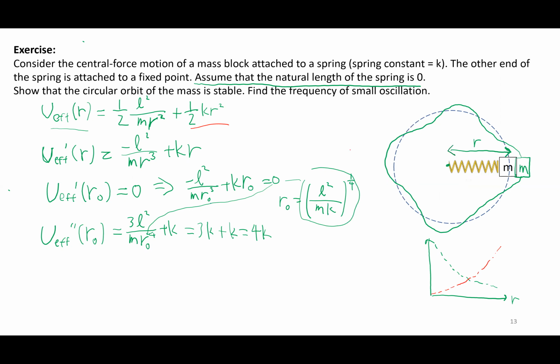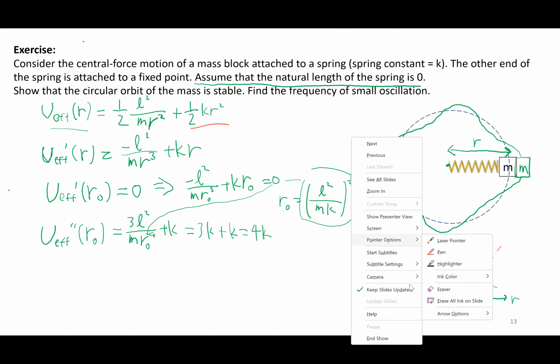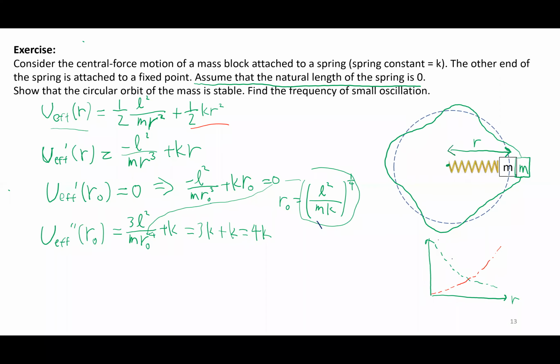If you sum them up, you get a curve that looks something like this. Here you can clearly see that this is the stationary point, which is a minimum point.